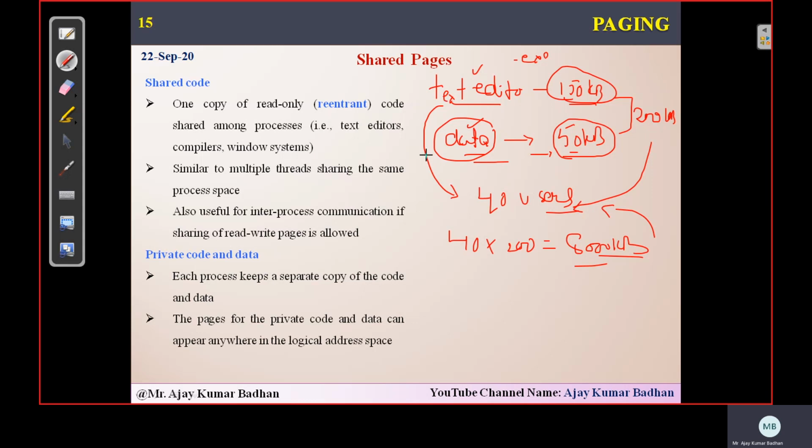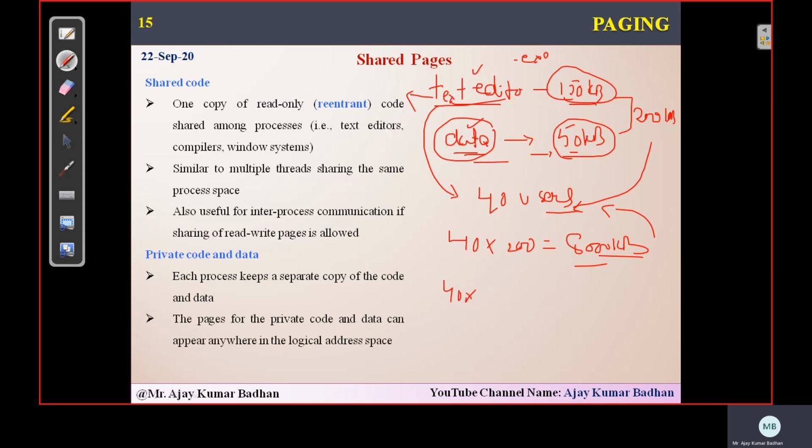What this scenario says is, rather than allocating this separately to each individual user, we will share this particular application. And if we share it, what will happen? The size will get reduced. Data will be required for different users, isn't it? The 40 users will be writing different content, so we require data.